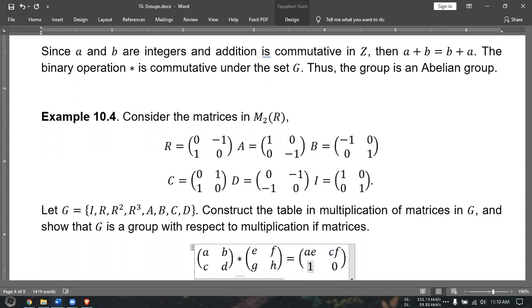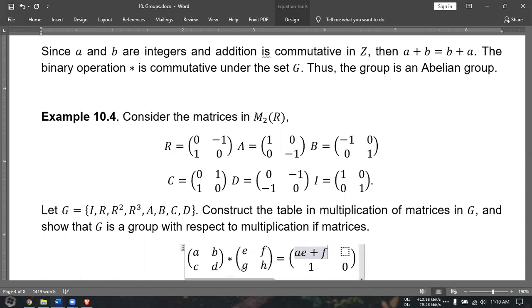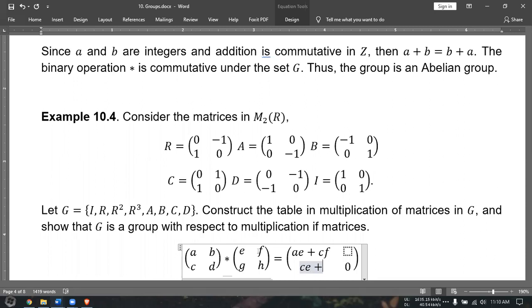Plus C times E. Nasa binary operation siya, no?